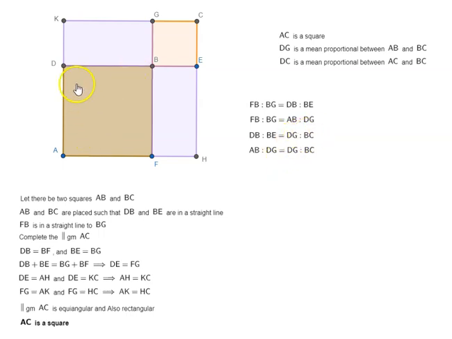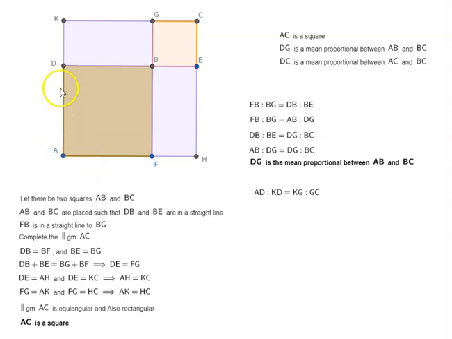AB is to DG as DG is to BC. Now this proportionality itself tells you that DG is the mean proportional between AB and BC. So we have shown that the second statement is also true.